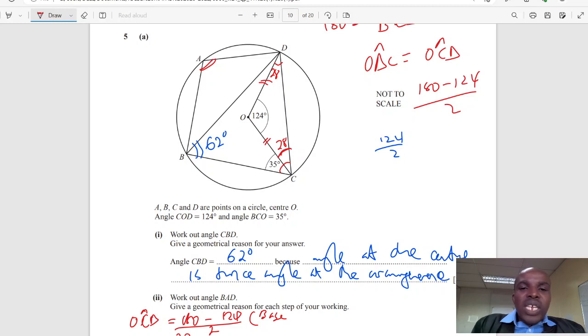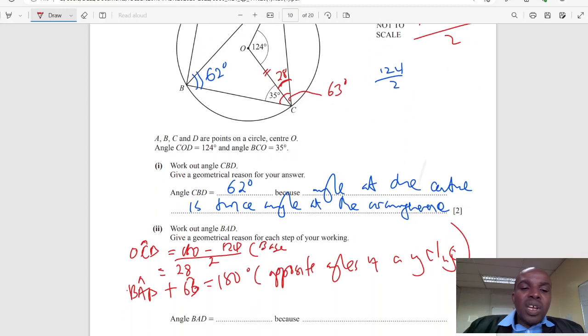Right, now you can say angle that we need, BCD, is 35 plus 28. 35 plus 28, you get 63. So this whole angle is 63 degrees. Right. So you say the required angle, which is BAD, plus 63 is equal to 180 degrees. Why? These are opposite angles of a cyclic quadrilateral, so they are supplementary.